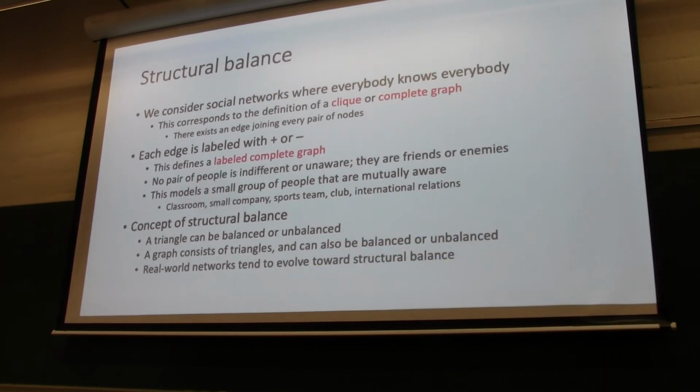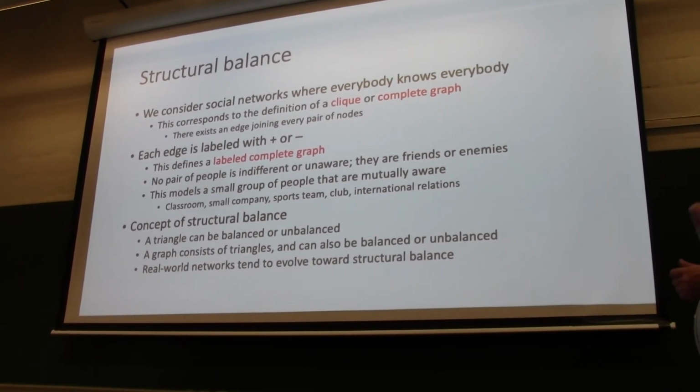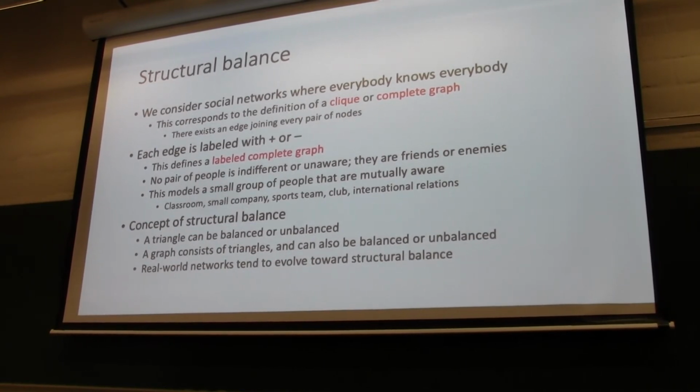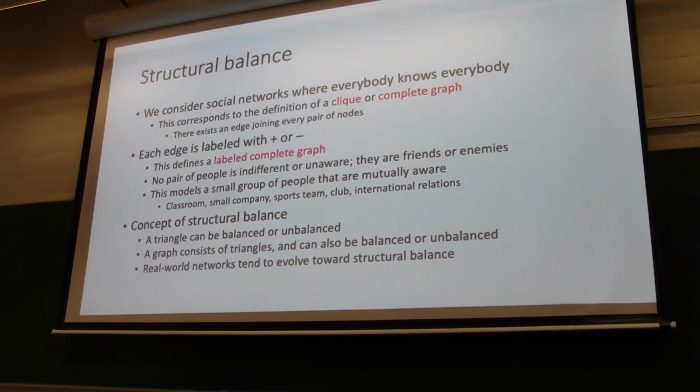Okay, so let me talk about positive, negative, and structural balance. We're going to talk now about networks where everybody knows everybody. This is for simplicity. In previous networks, we had friends, but also nodes that don't know each other. But now when we have the plus and the minus, we assume that all the nodes know all of each other.